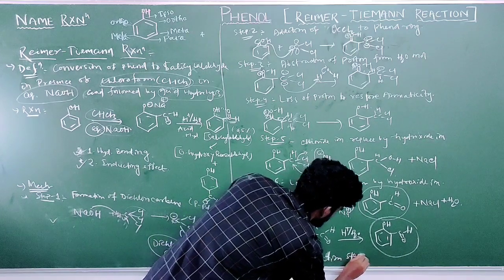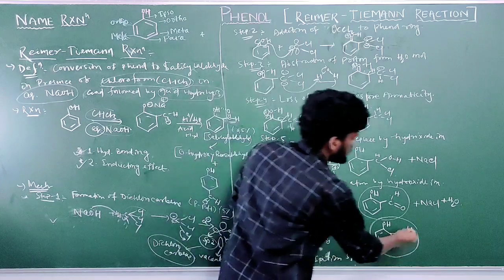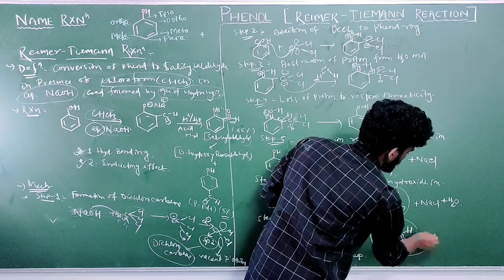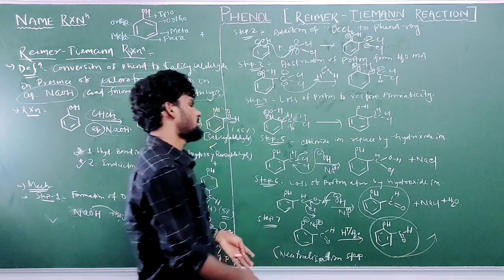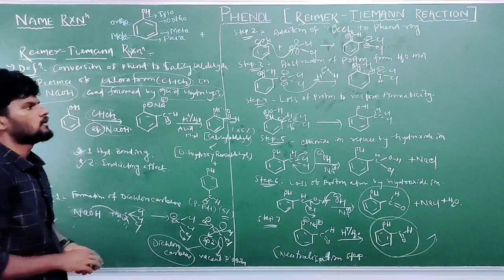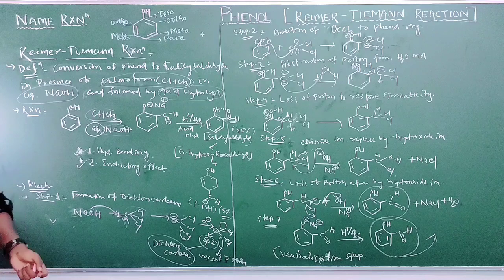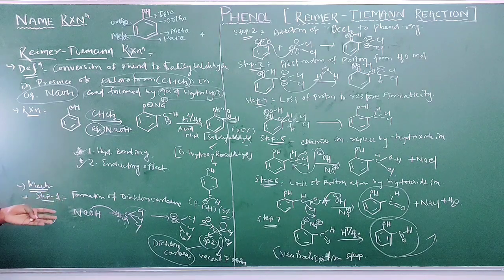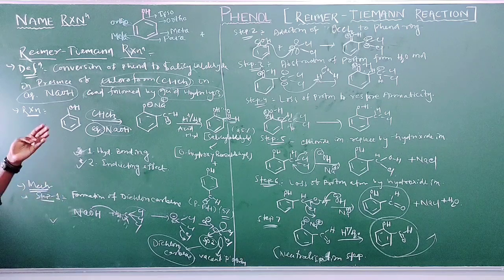These are the 7 steps to get our product, salicylaldehyde or ortho-hydroxybenzaldehyde. All of you understand? Just write the mechanism, take a screenshot on your mobile, it will help you write the whole mechanism easily.